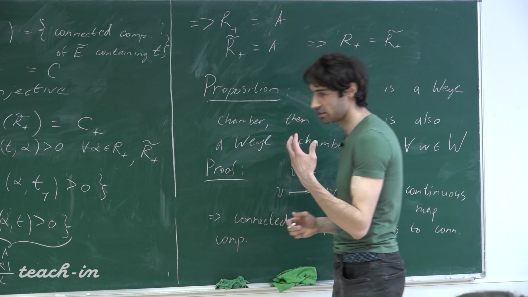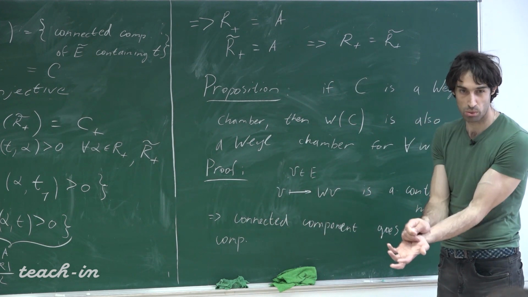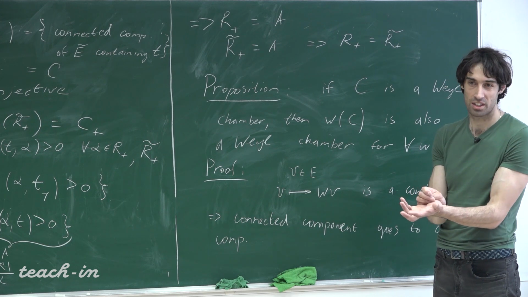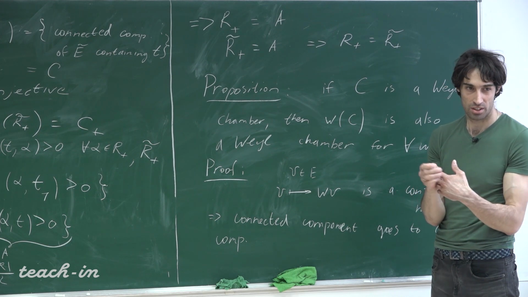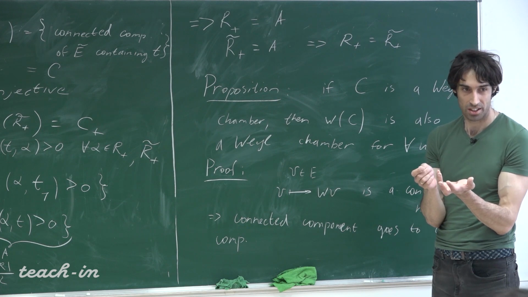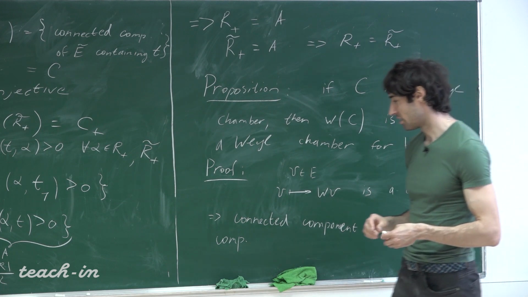But connected component of E tilde goes to connected component of the image of E tilde. So the only thing that we need to check is that E tilde and the image of E tilde are the same things. Then we are done.